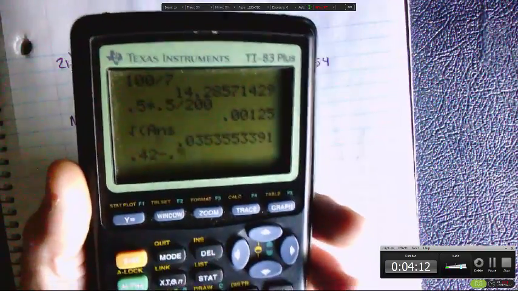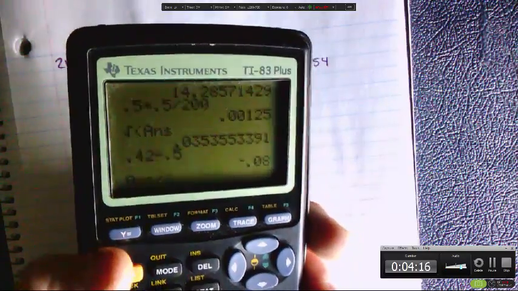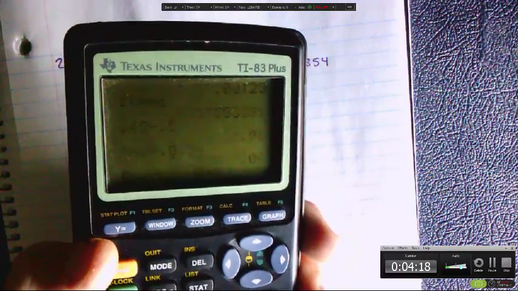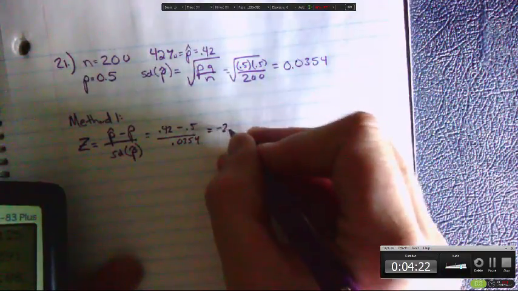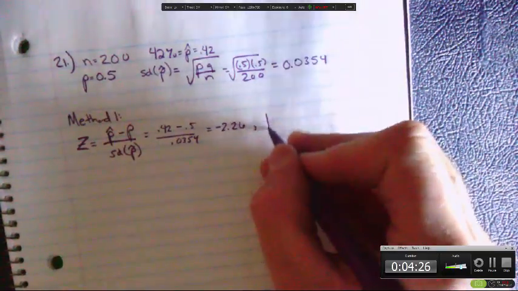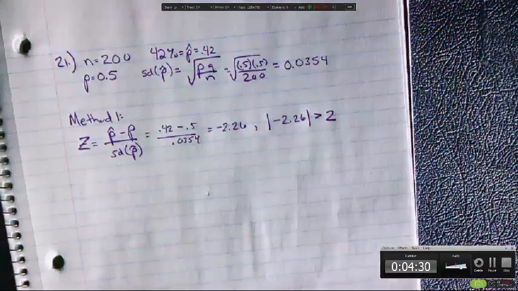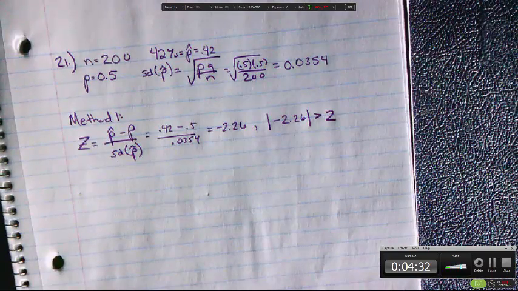0.42 minus 0.5, divided by 0.0354. We get negative 2.26. The absolute value of negative 2.26 is greater than 2. Remember, z-score is the number of standard deviations away from the mean.